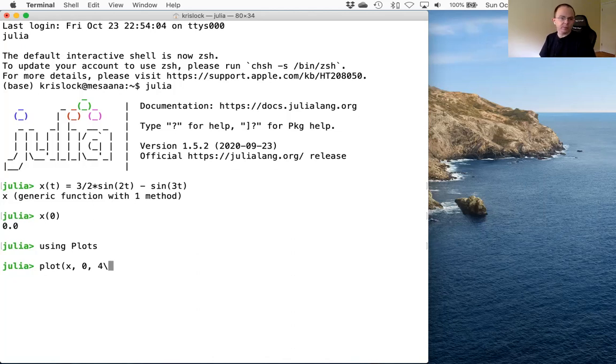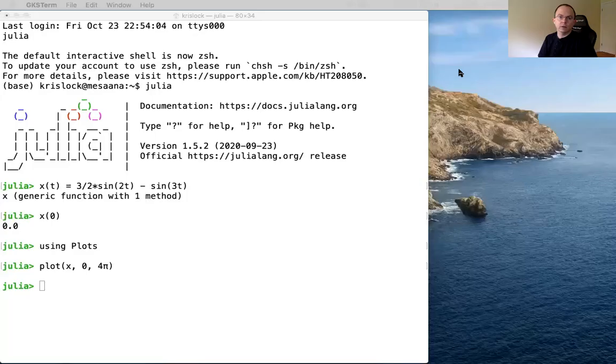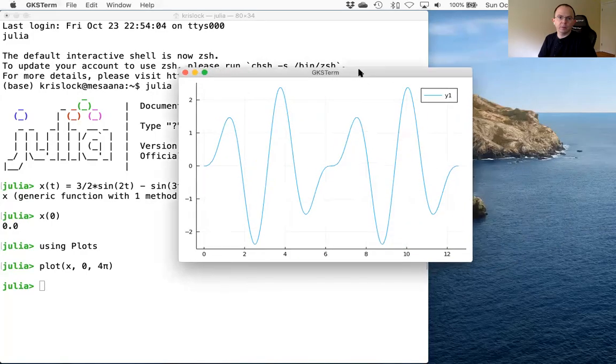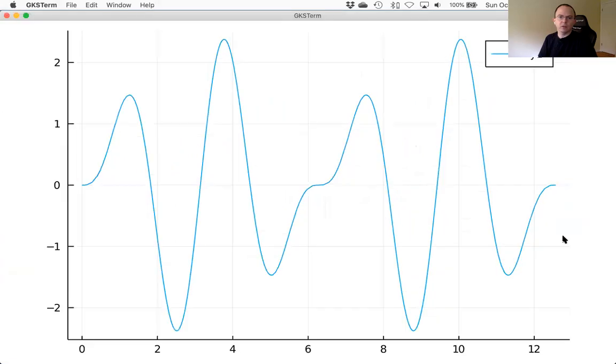I'm not sure what length I want to plot this at, but let's just try this. Plot it from 0 to 4 pi. Okay, and here it is. Let me blow this up nice and big. So there's the graph of that function.